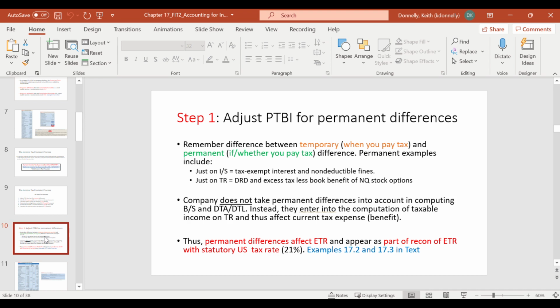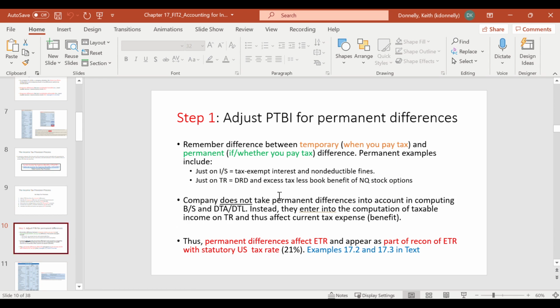I mean, M&E or something, that could be always a 50% difference. Muni bond income, that could be a permanent difference, right? So it's when versus whether. Sometimes you may never pay the tax on this. Sometimes you may kick the can later down the road. We've talked about temporary versus perms.